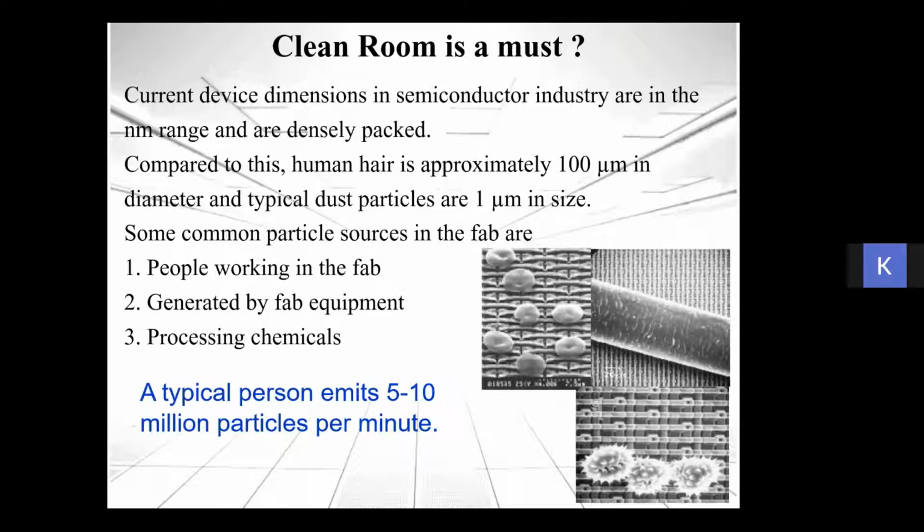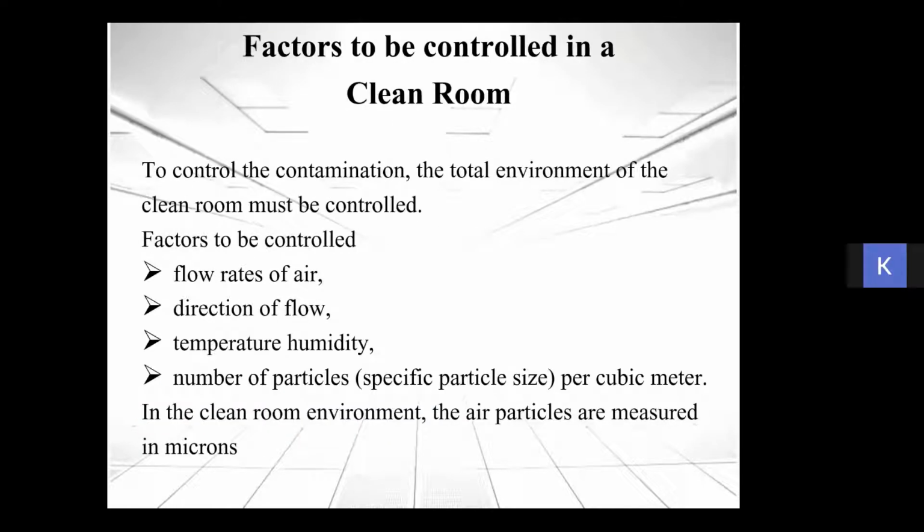So that's why a clean room is very much needed when devices are fabricated. Now the main factors that should be controlled are the rate of air, direction of flow, humidity and temperature of the room, and the most important is the number of particles per unit volume of the environment of the clean room.